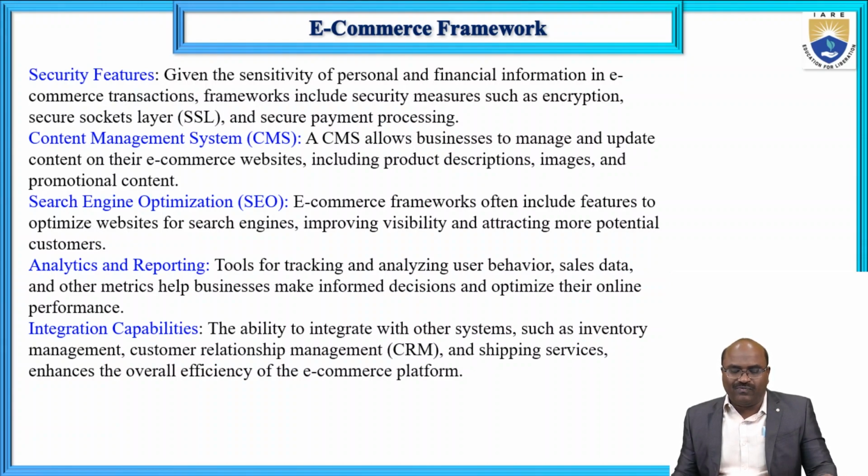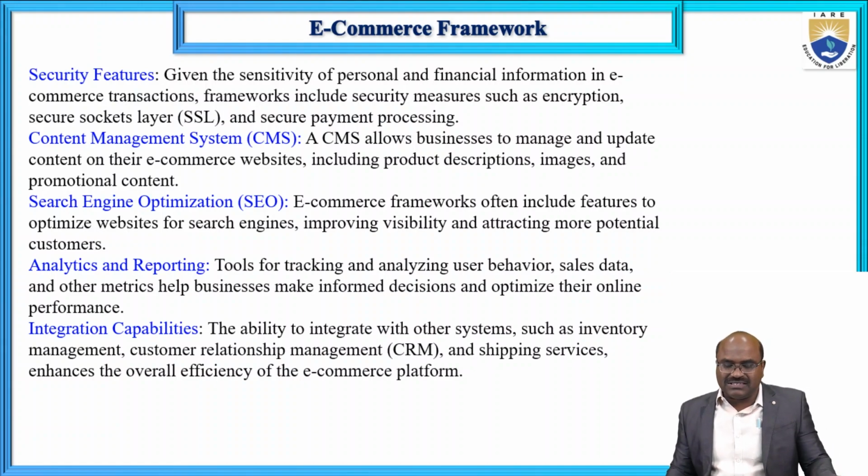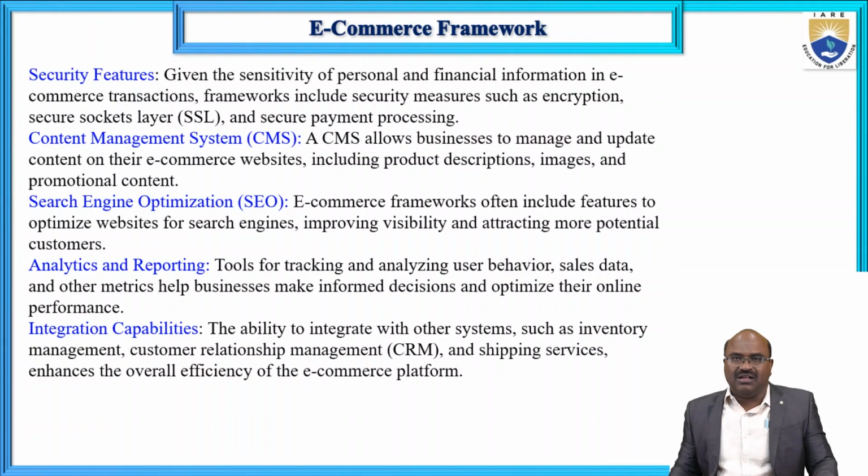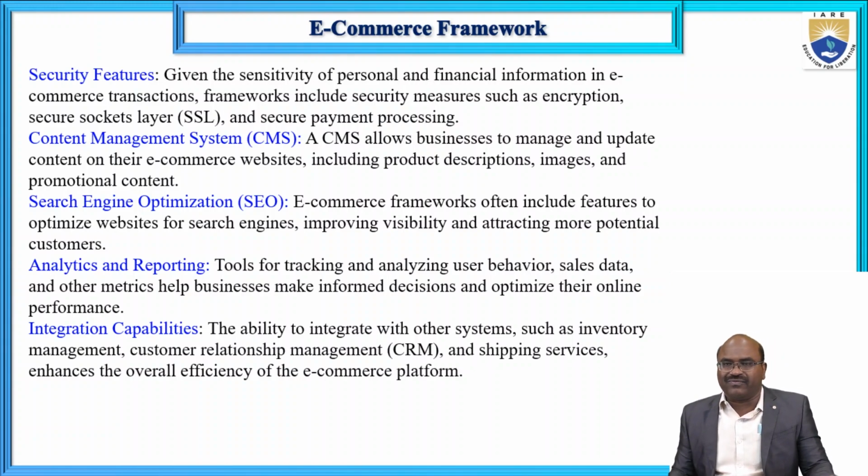It tracks and analyzes user behavior, sales data, and other metrics, helping businesses make informed decisions and optimize their online performance. Customer mood, interest, opinion, and requirements can be stored as data, which is why analytics and reporting are also required.